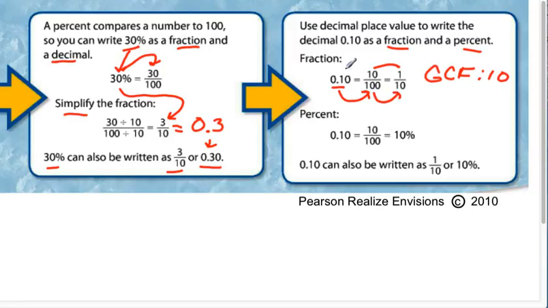And so 10 hundredths is 1/10 as a fraction. If you wanted to switch that over to a percent, then you just simply take your decimal and you write it as a fraction with 100 as your denominator and turn it over to 10%. So 10 hundredths can also be written as 1/10 or as 10%. Okay? So that's pretty much how the lesson goes over it.